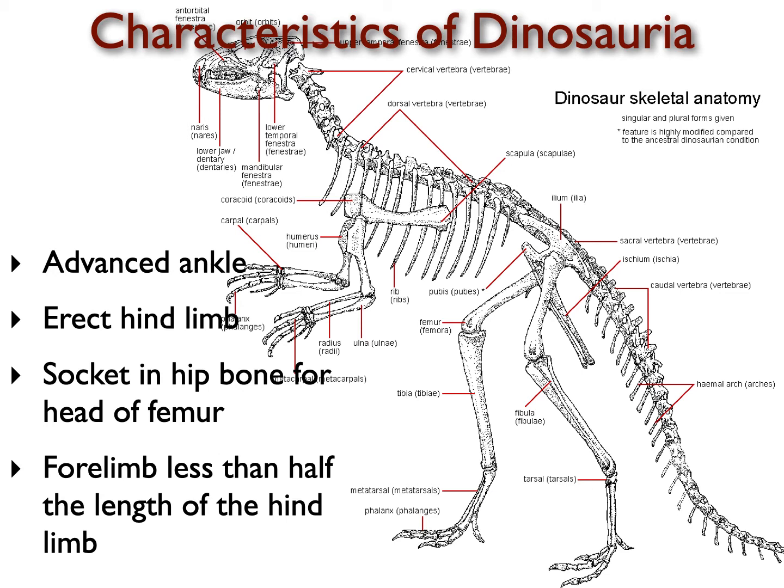They can really rotate and move those ankles around. It's not just a stump. Their hind limb has a super erect gait. Notice how the femur, that top bone of the leg, fits right into the socket joint in the hip, just right underneath of it. That's really going to allow this thing not only to stand up on two legs, but to move pretty rapidly on land with its feet right underneath of it.